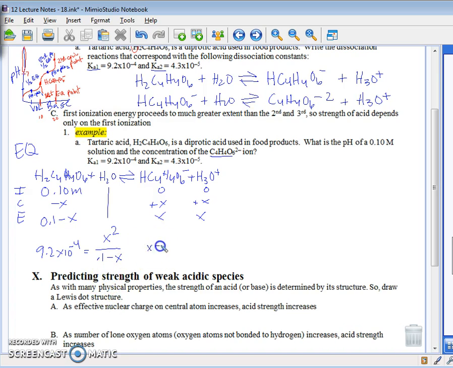What does x equal? I need some calculators. Multiply by 0.1, so that's going to be 9 times 10 to the negative 5th. And take the square root of that.